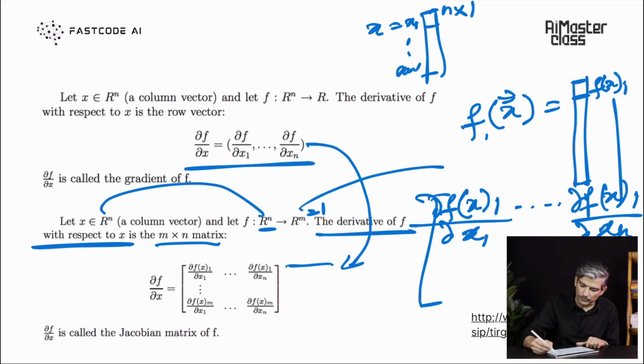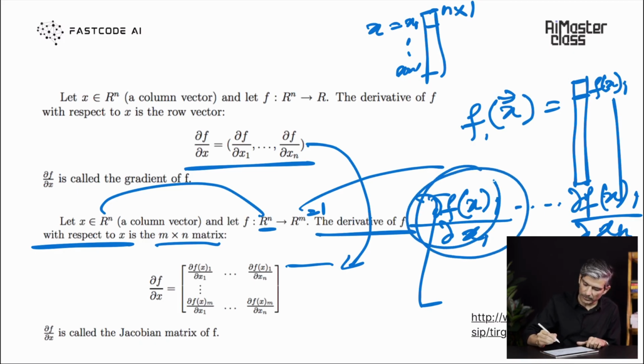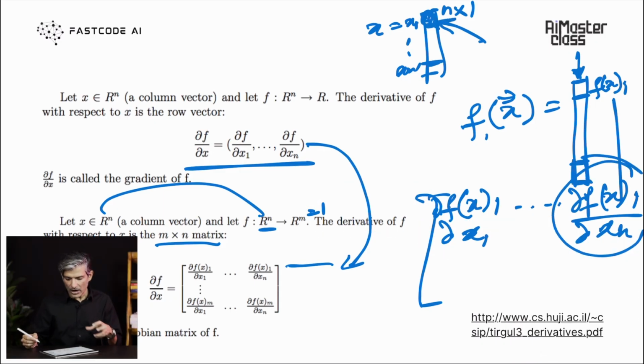It means how much will this component of my output change if I wiggle this component of my input. Similarly, how much will again this component change if I wiggle the last component of my input, because it's dou Fx1 by xn.